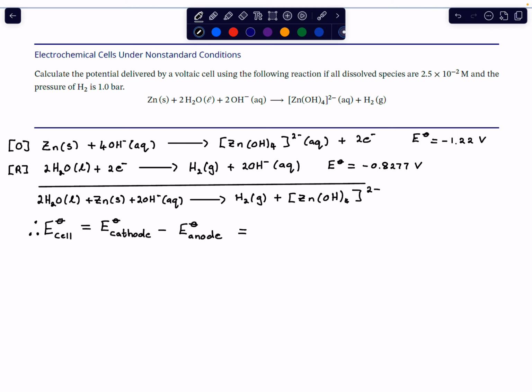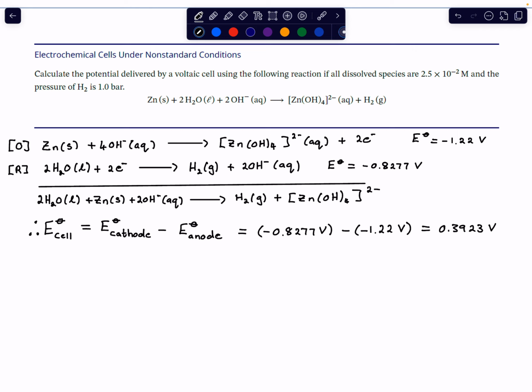So if we put the reduction potential at the cathode, that is minus 0.8277 volt minus minus 1.22 volt, and then we should get 0.3923 volt.